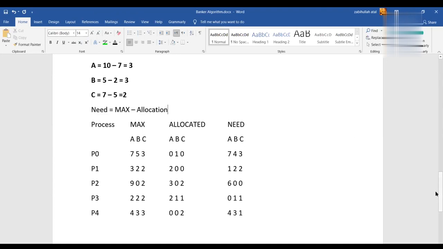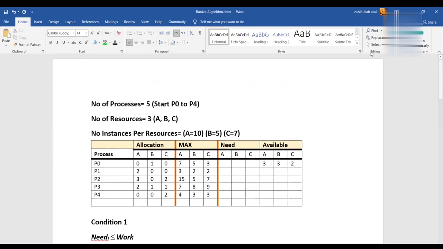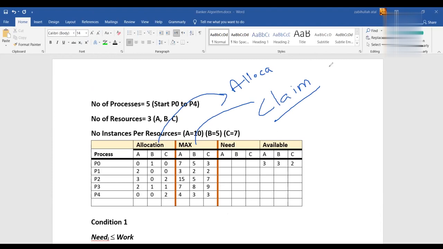Okay. You know what is maximum? The maximum is the claim resource. Each process claims that it will need this many resources. This is the allocation, meaning allocated resources. If someone is thinking that when the process claims these 7, 5, 3 resources, why is the system allocating 0, 1, 0?